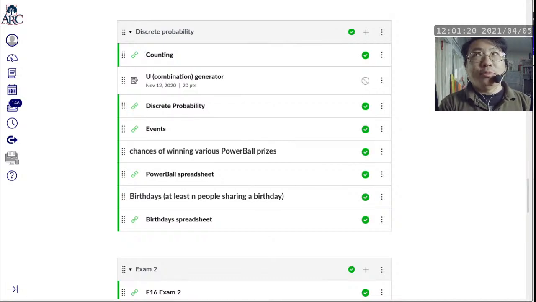That was an attempt to model how the number of tickets sold correlates with the jackpot money. So that was what we talked about 2 weeks ago.